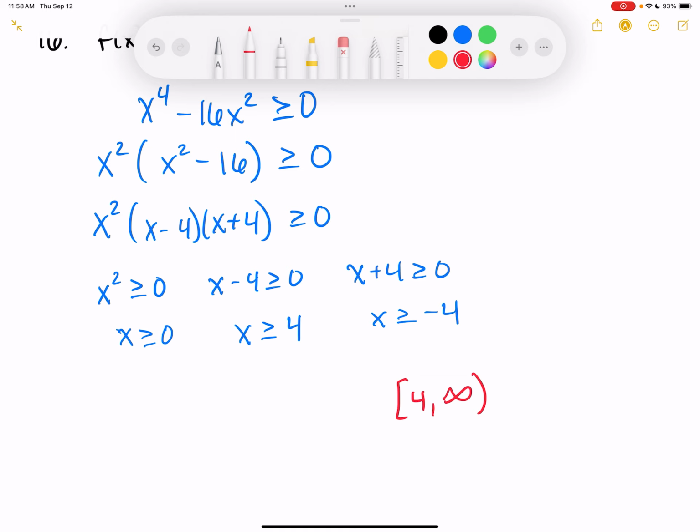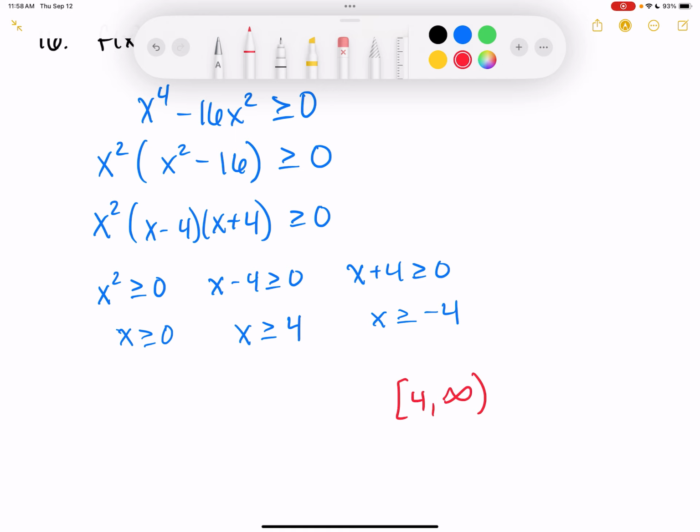So we're plugging into the original expression that's under the square root. -5 does not work. How do I know if it works? If the stuff under the radical is positive or negative.